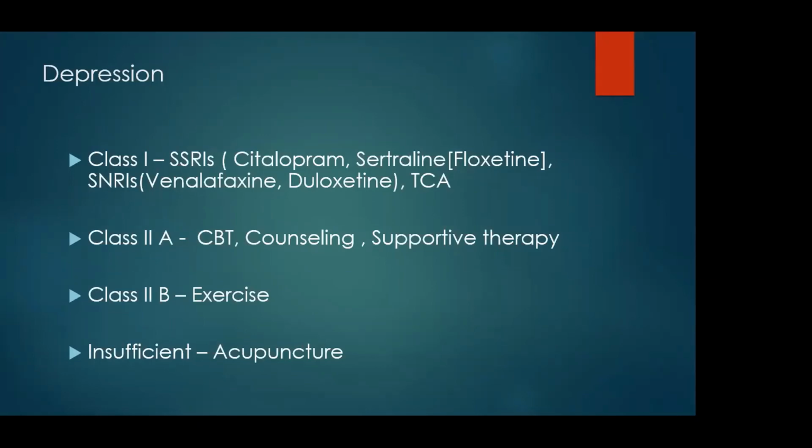Citalopram is probably preferred among SSRIs. But they say that SNRIs are a much better choice because of fewer side effects and improved pain control, without the digoxin interaction. This is something we commonly give patients. Tricyclic antidepressants, we don't use because of the fear of QT prolongation and arrhythmia, but they say imipramine or nortriptyline can be used.